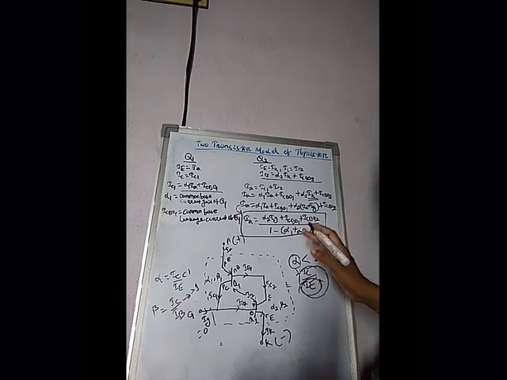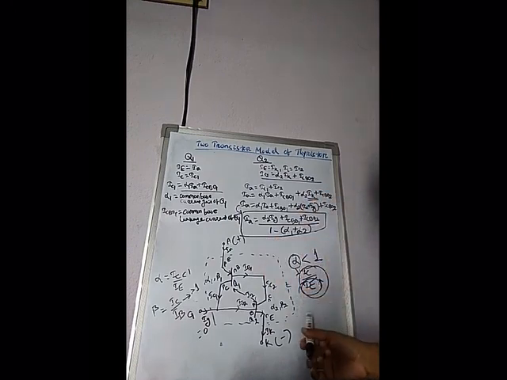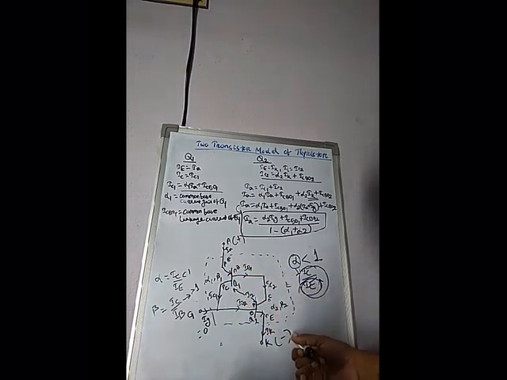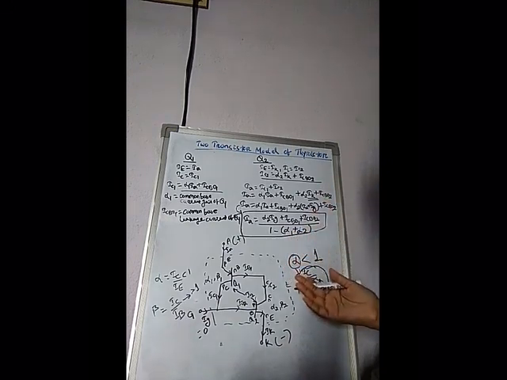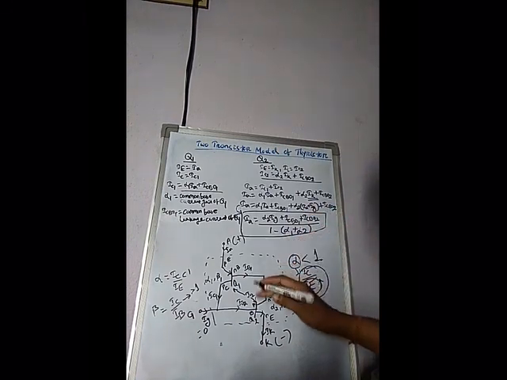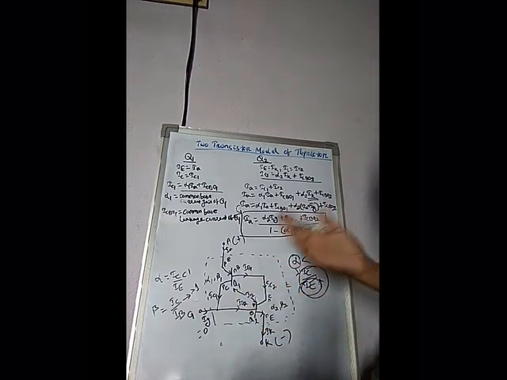If by some means we increase the emitter current of the two component transistors, then alpha 1 and alpha 2 also approach unity. That means the whole alpha 1 plus alpha 2 approaches unity. Because if I increase the emitter current of Q1, then alpha 1 approaches unity.